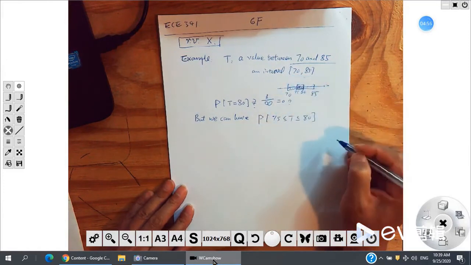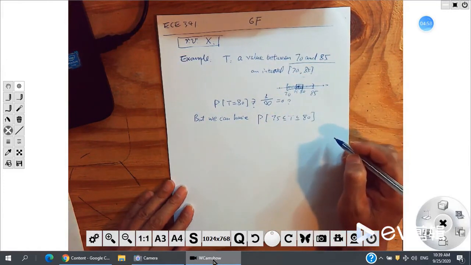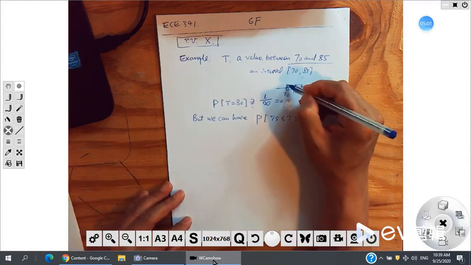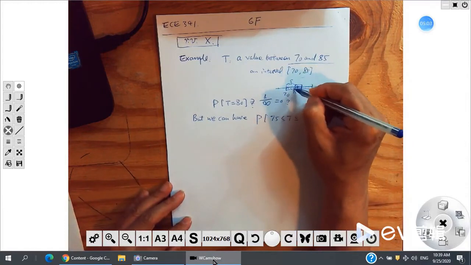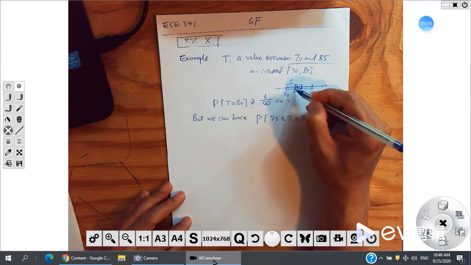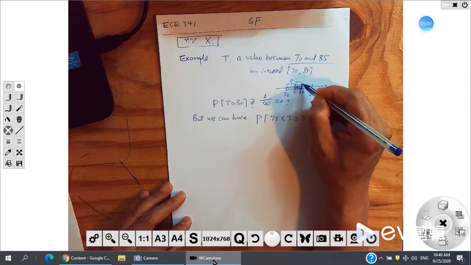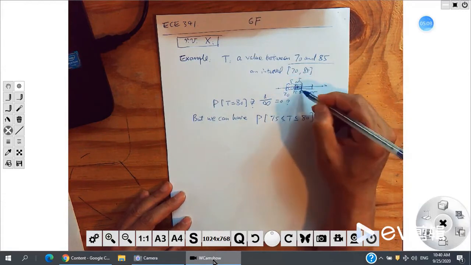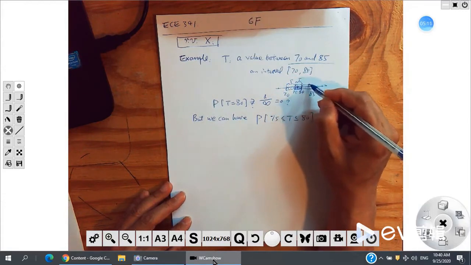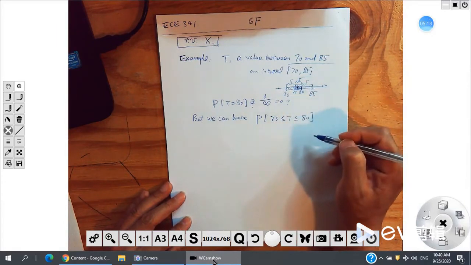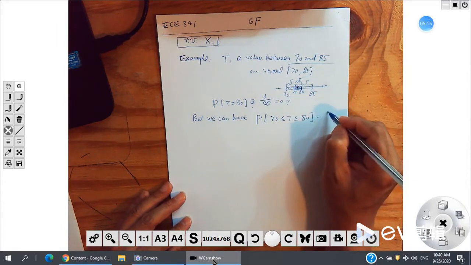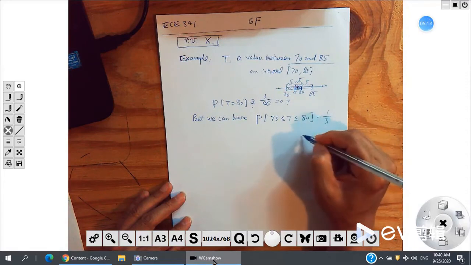Now what is the probability? You can think like this: 70 to 75 is 5 degrees, 75 to 80 is another 5 degrees, and 80 to 85 is another 5 degrees. So you can think this is 1/3, or 5 over 15.